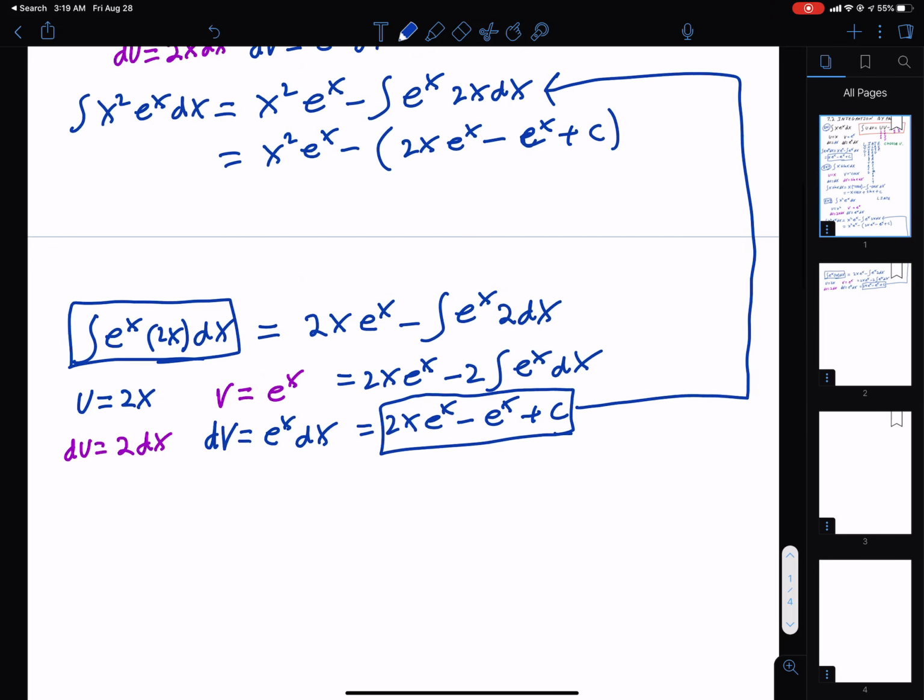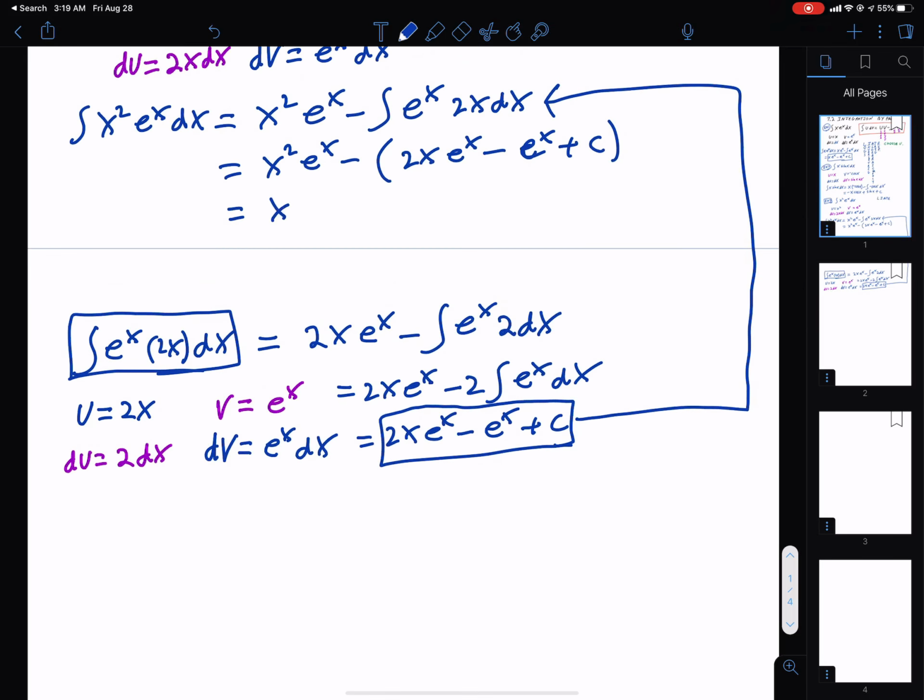Whoa, that was crazy. x squared e to the x, distributing the minus, I get minus that. Distribute the minus, I get plus that. If I distribute the minus, I get a minus c.